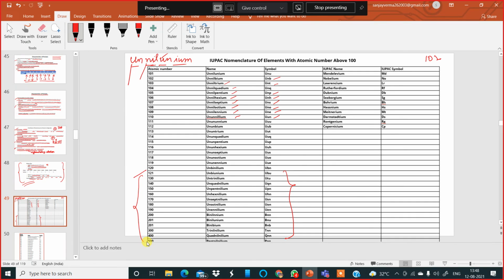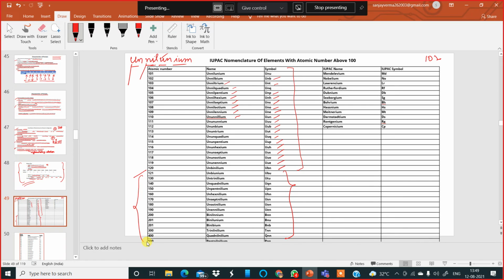It goes on: 111, Uuu; 112, Uub; 113, Uut; 114, Uuq, unquadium; 115, pentium; 116, hexium; 117, septium; 118, octium; 119, enanium; and 120, 2 is bi, then 0 is nilium. So till here, nomenclature you should be able to write down in the examination.